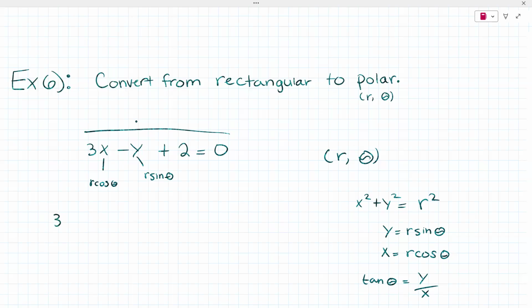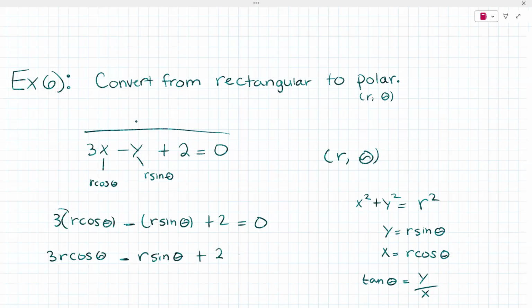So it'd be 3 times r cosine theta, minus r sine theta, plus 2 equals 0. If you clean this up, distributing the 3, this would be 3r cosine theta minus r sine theta plus 2 equals 0.